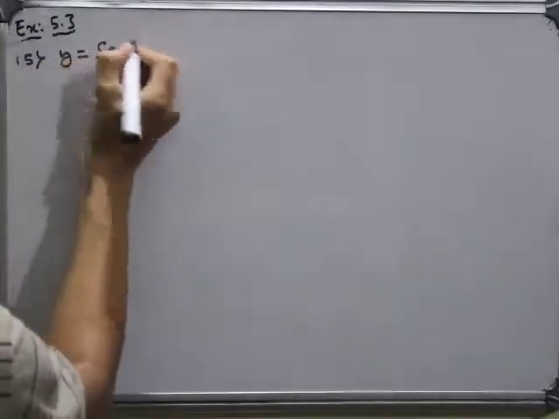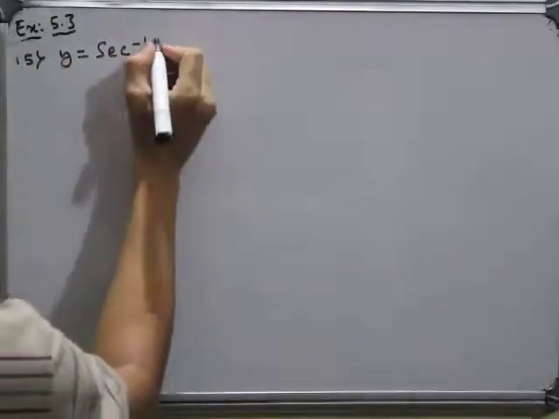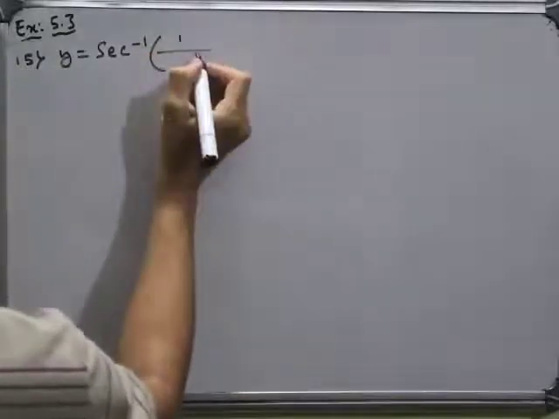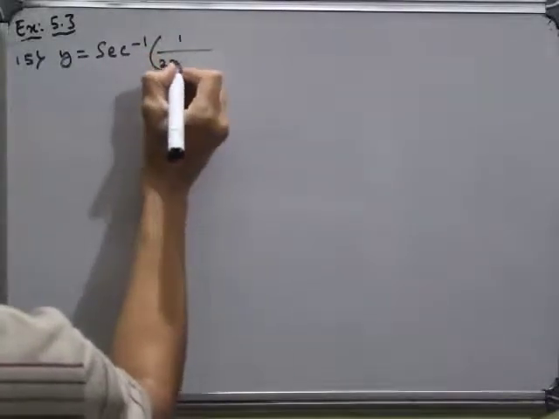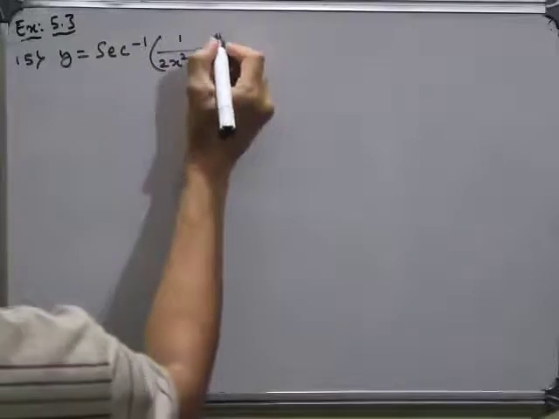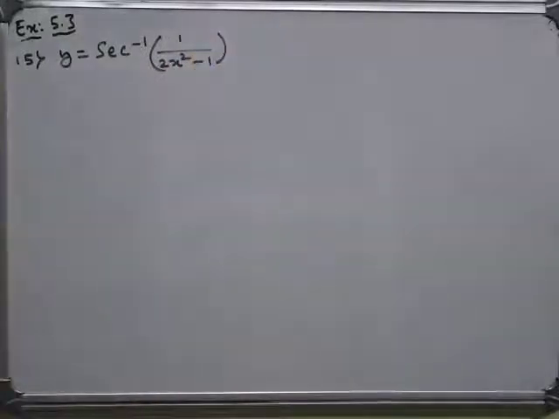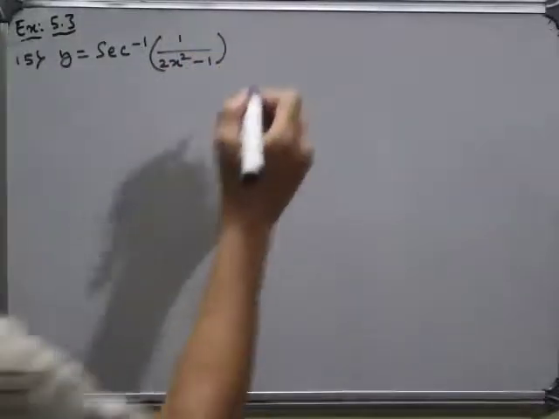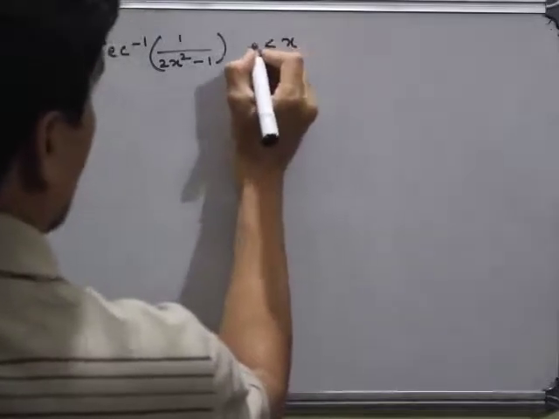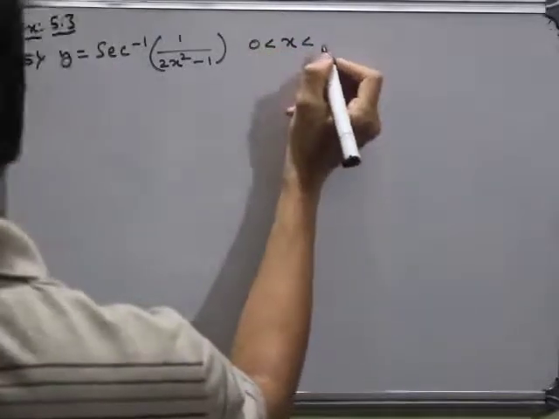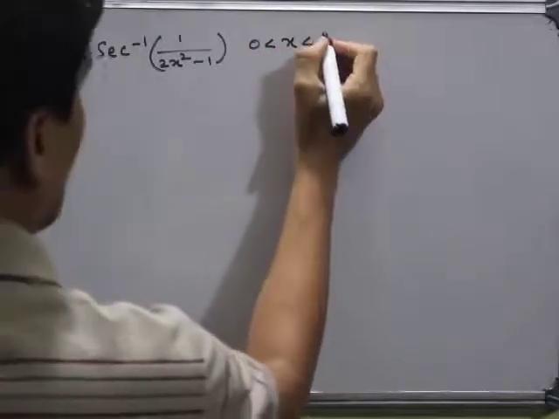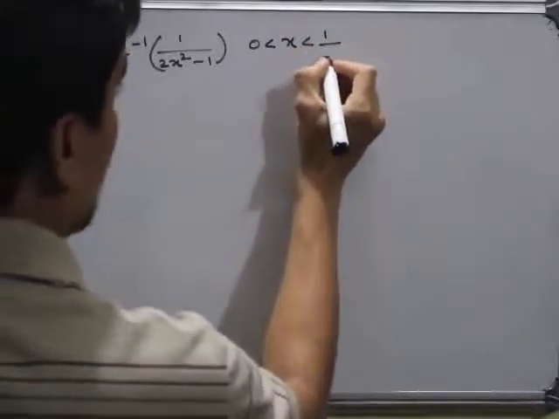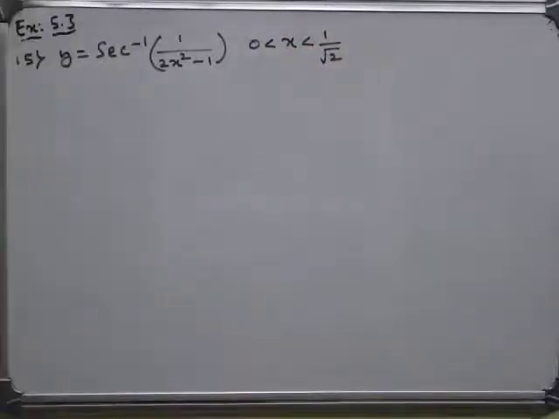Y is equal to secant inverse of 1 by 2x square minus 1, where x lies between 0 and 1 by root 2.